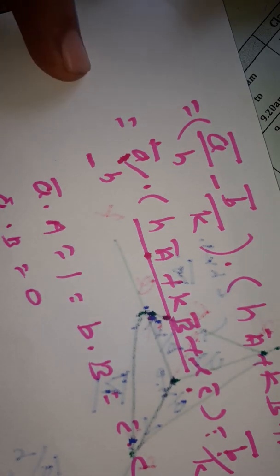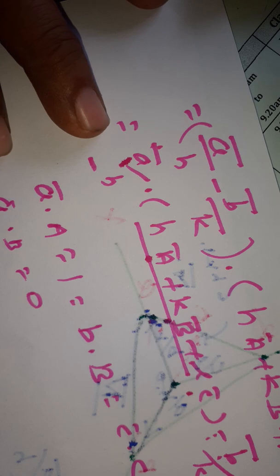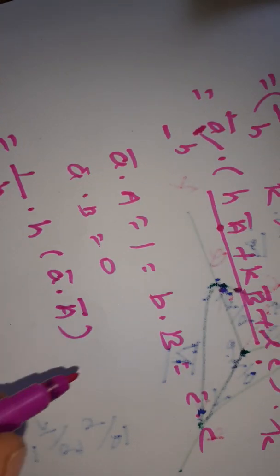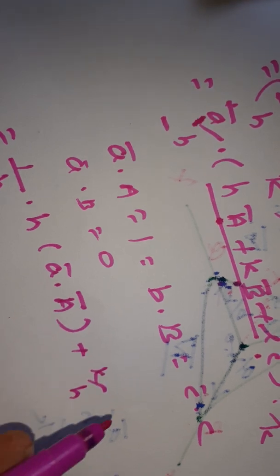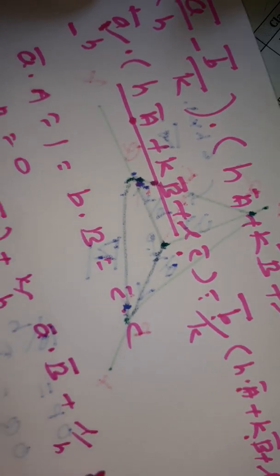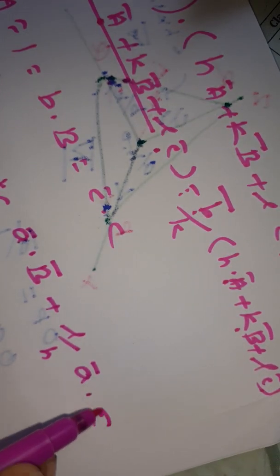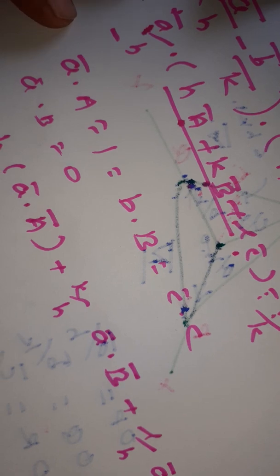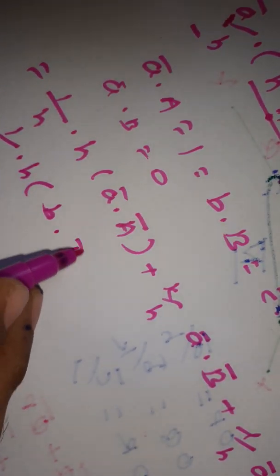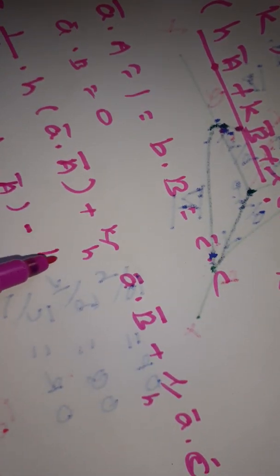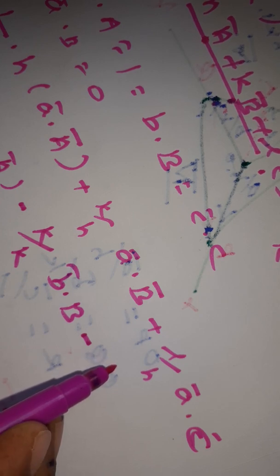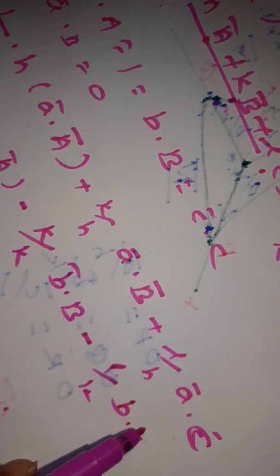So multiplying inside, we got 1 upon H into H A bar dot A bar, plus K upon H A bar dot B bar, plus L upon H A bar dot C bar, minus 1 upon K times H, B bar dot A bar, minus K upon K B bar dot B bar, minus L upon K B bar dot C bar.